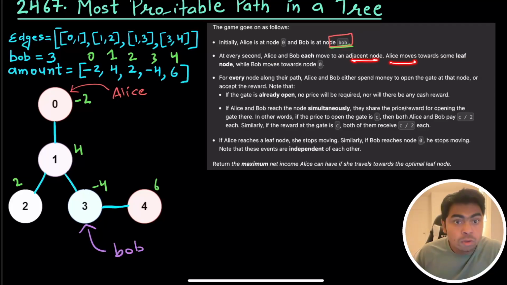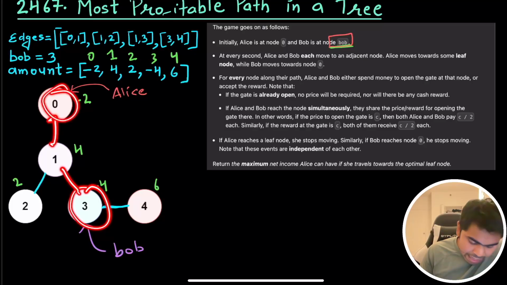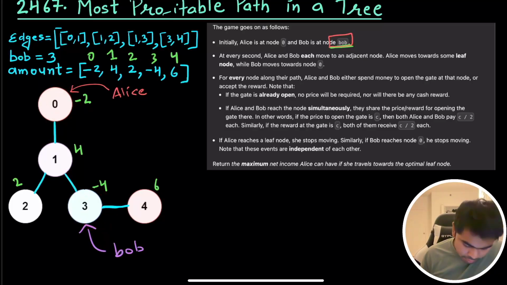Alice moves towards some leaf node, and Bob moves towards node 0. Bob currently is at 3, and Bob is trying to move to 0, where Alice is currently at.